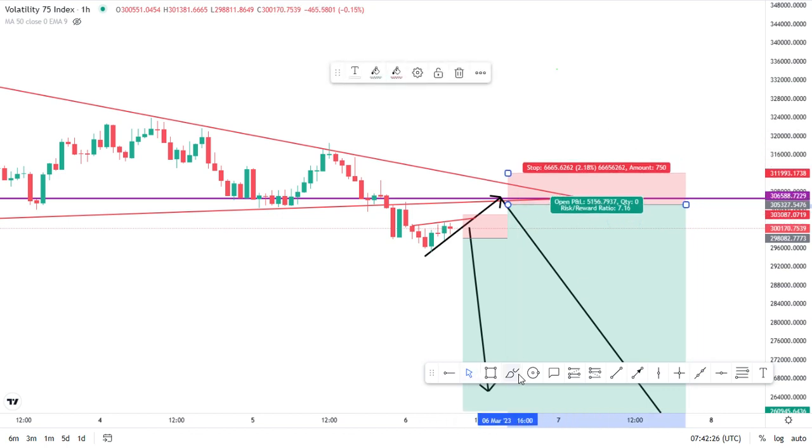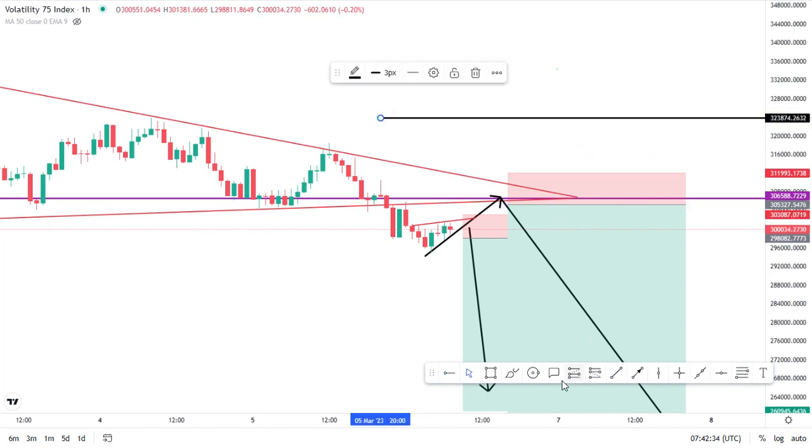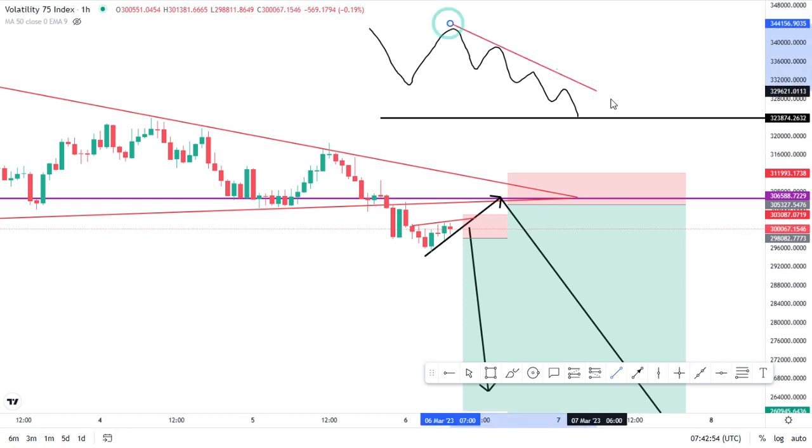Okay, now what do I mean? Let's say this is our zone. Now if this is our zone and the price is coming down like this, so now at this point the price is at my zone. Now I can draw in the trend line this way.